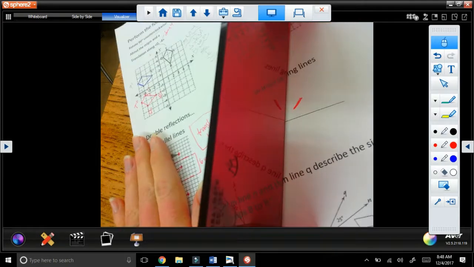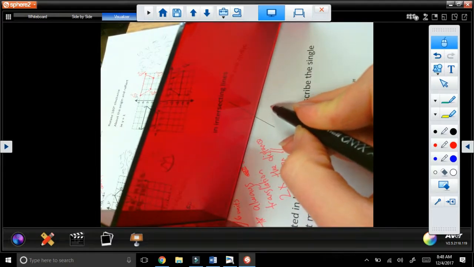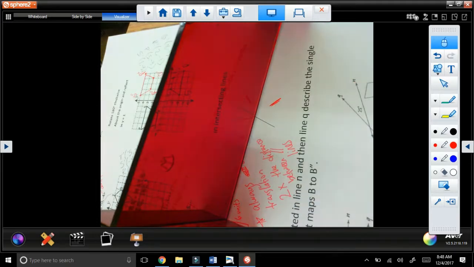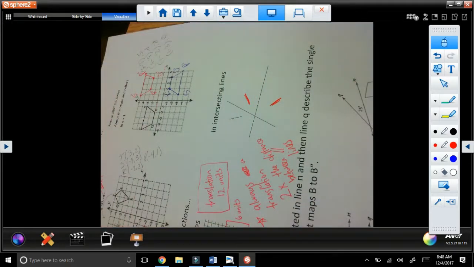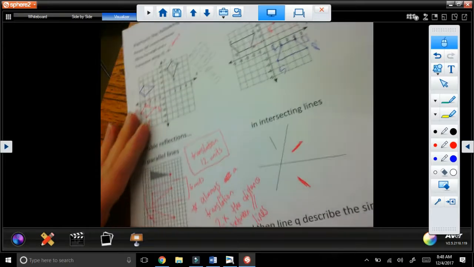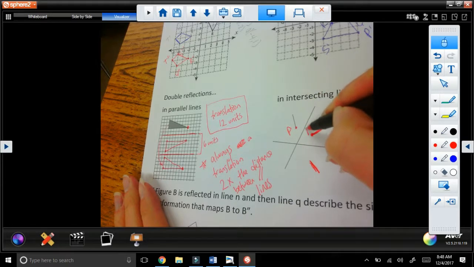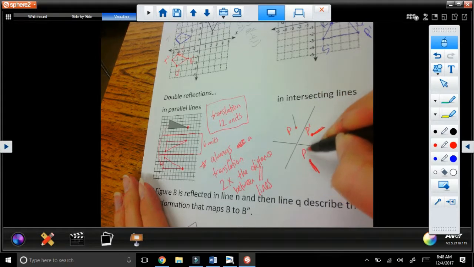This is really hard to do while looking at a computer screen and trying to make sure that this shows up on the video. Okay, and then reflect it again. Should end up something like this, and actually I'm going to put a point on here. I'll just label 1 point. If you want to label both, that's fine.